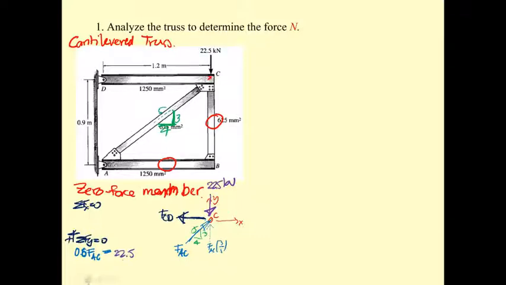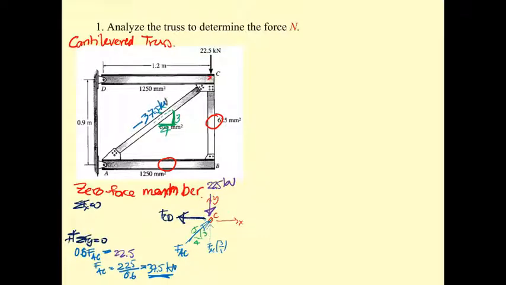Then F sub AC is 22.5 divided by 0.6, which is 37.5 kilonewton. This is the first one, and it is going to be in compression.